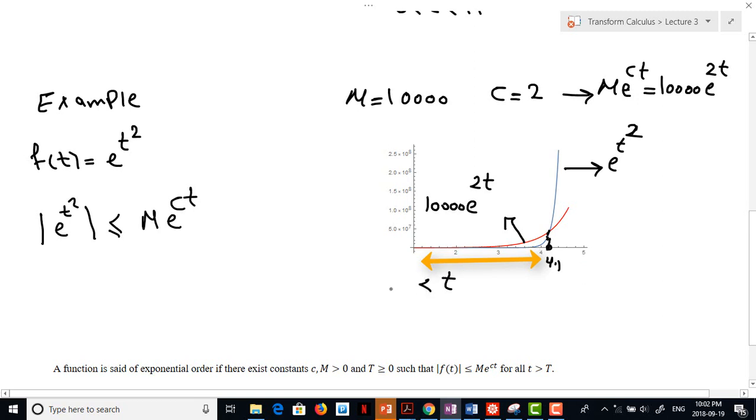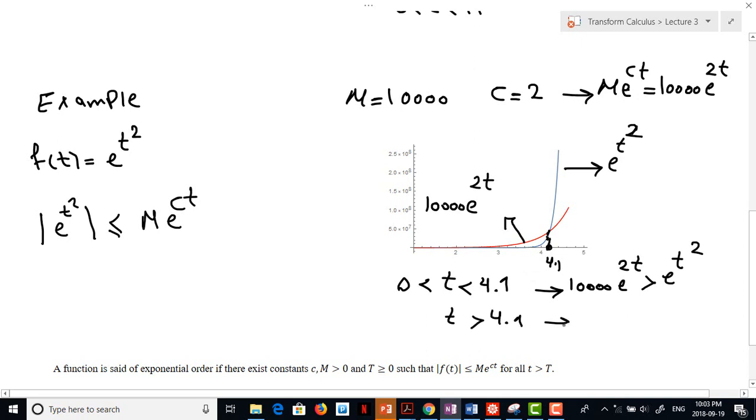If t is between 0 and 4.1, then the red plot, 10,000 e to the power of 2t, is greater than e to the power of t squared. But for t greater than 4.1, e to the power of t squared is greater than 10,000 e to the power of 2t.